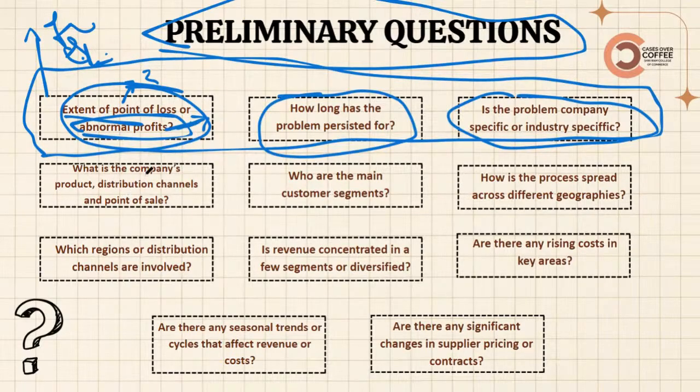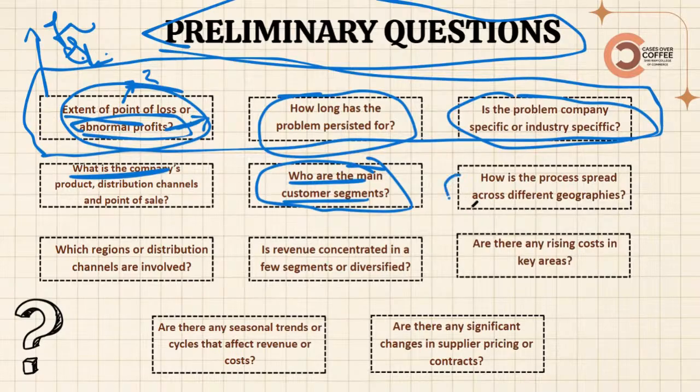Now then we try to understand about the company, such as what the company's product is and what their current distribution channel is, so that we can further break down the problem and find the solution. And then, who are the main customer segments? It is one of the very important questions that you can usually ask in order to find out the customer segments.